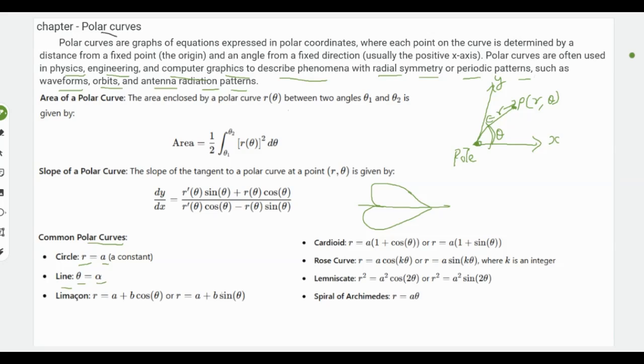Then the rose curve is r equals a cos k theta or r equals a sin k theta, where k is an integer. Then the lemniscate is r square equals a square cos 2 theta and r square equals a square sin 2 theta. The spiral of Archimedes is r equals a theta.